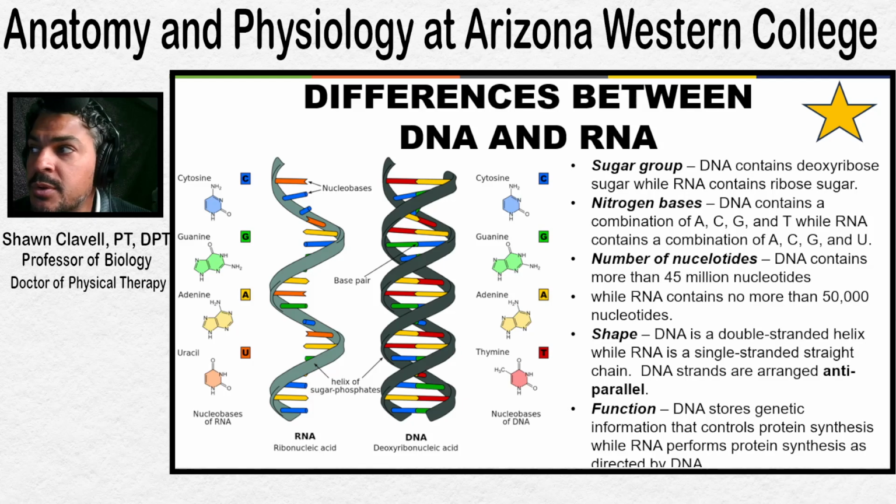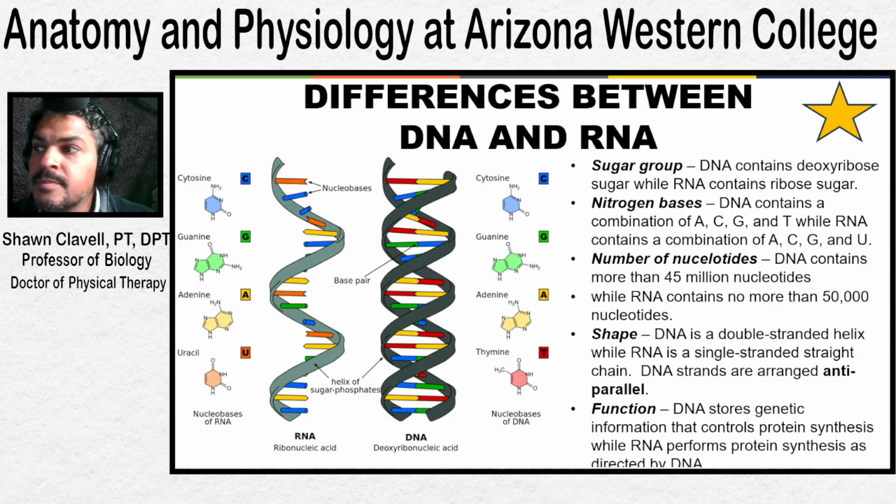The number of nucleotides. So DNA is much larger than RNA. RNA is actually just a small portion of DNA that could be copied to help make a protein. So while DNA is the entire cookbook, the RNA might be the recipe to cook one specific dish.